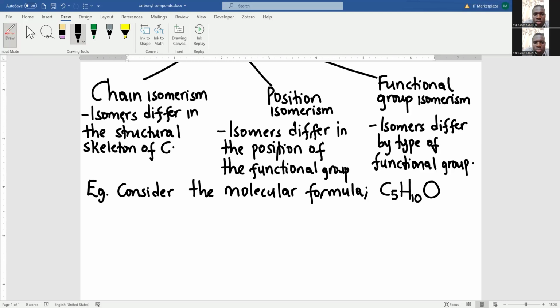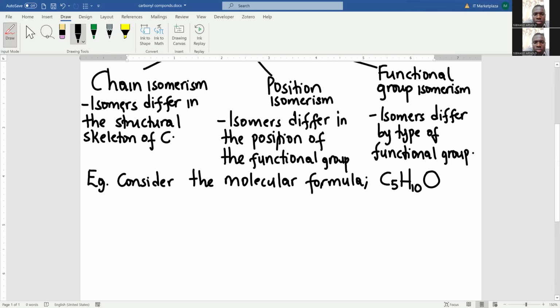Now you may ask me how I have generated this. Don't forget that aliphatic ketones and aldehydes conform to CnH2nO. So to have that molecular formula, I have considered n equals 5. So I'm going to use that formula to generate the different isomers.